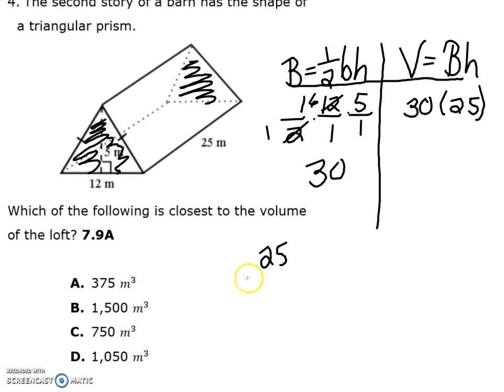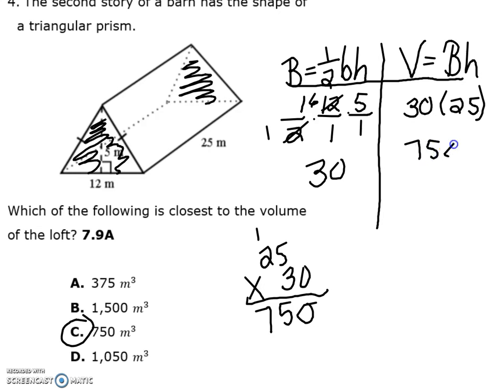So I multiply 25 times 30. We have 0. 3 times 5 is 15. 3 times 2 is 6, plus 1 is 7. We have 750 meters cubed. Okay, flip to the back side.